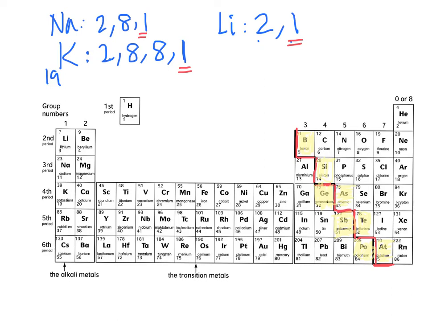This is why they have very similar chemical properties. They react with these outer shell electrons, which means they react in a particular way, by losing this electron. We'll see this in how these elements react together in the following lesson. But for now, what we should understand is the chemical properties depend on these outer shell electrons, and because they have the same outer shell electron, the chemical properties are very similar.